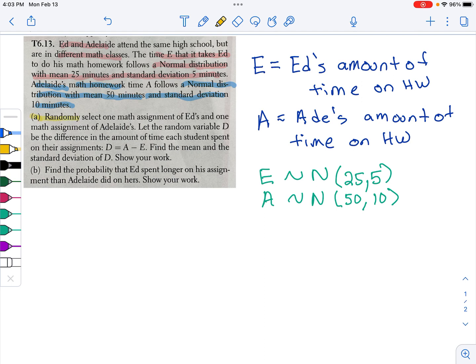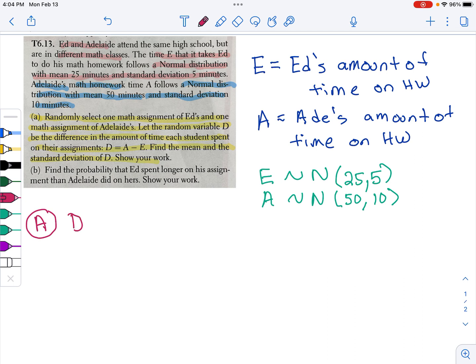So we're going to do question A. And for question A, it says we randomly selected one math assignment of Ed's and one math assignment of Addie's. And they're telling you, and I will not be doing this, and the AP exam will not be doing this, what the difference random variable is.